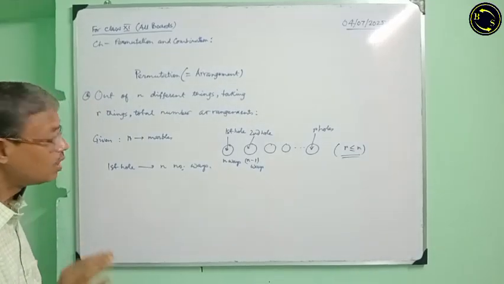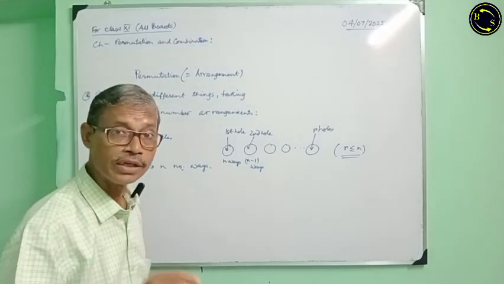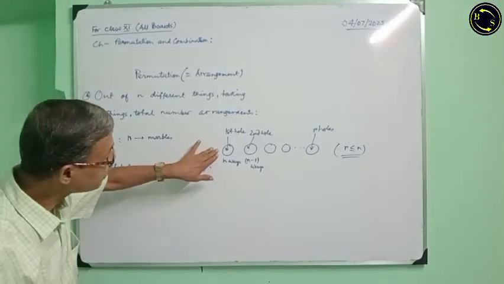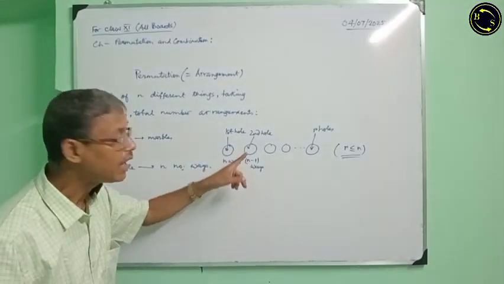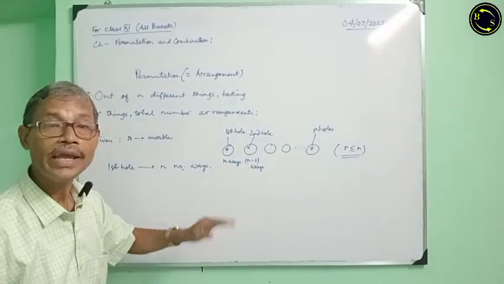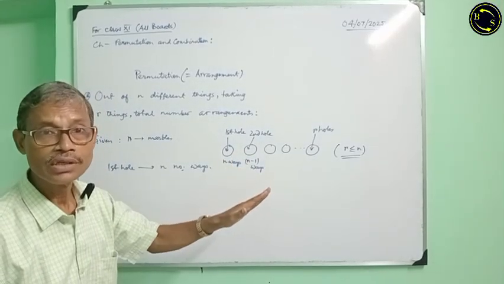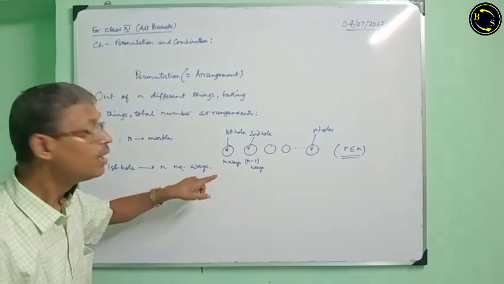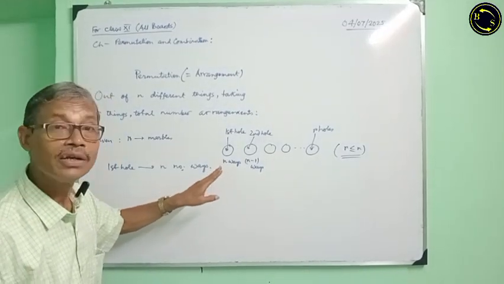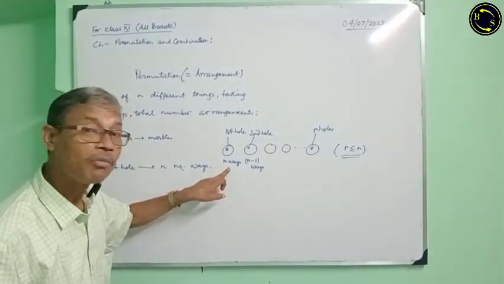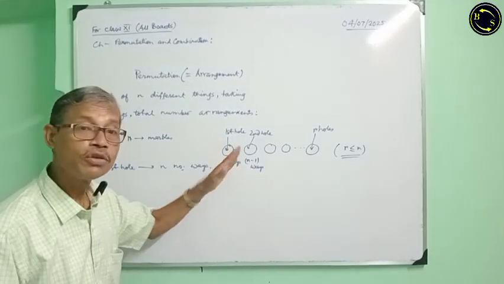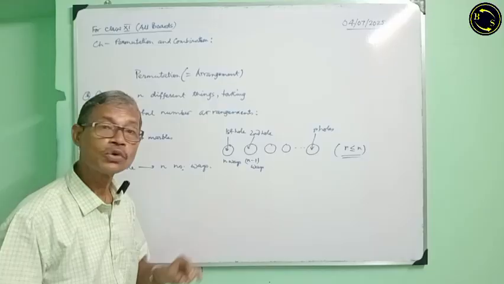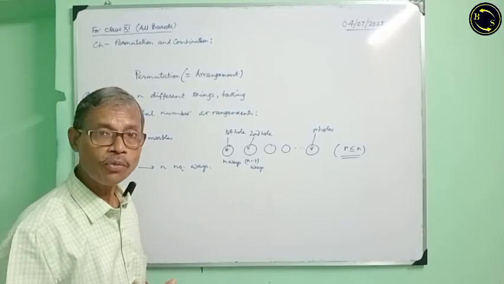Now, try to understand carefully. Filling the first hole in one way, the second hole can be filled in n minus 1 ways. Therefore, considering n number of ways of filling the first hole, two holes can be filled totally in how many ways?